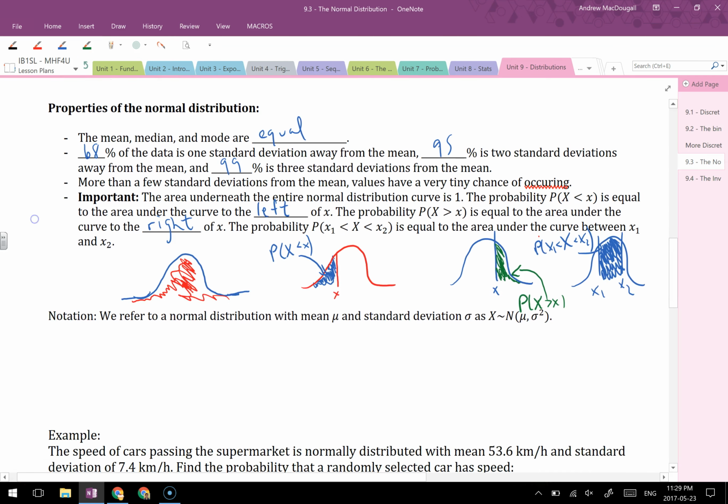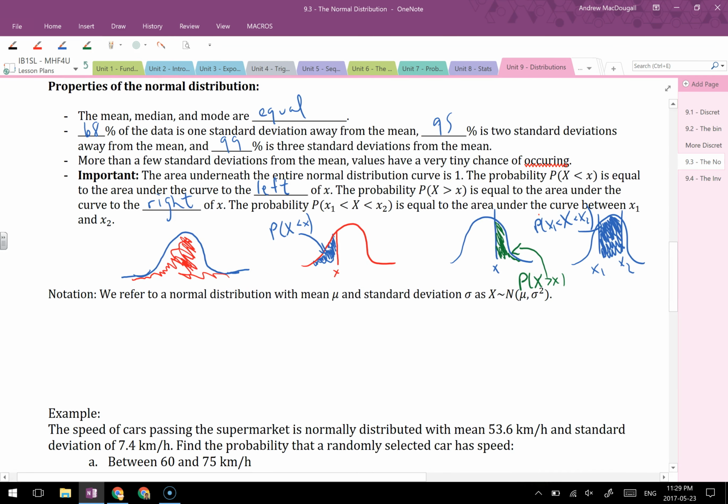Okay, so let's move on. In terms of notation, if you have a normal distribution with mean mu and standard deviation sigma, you write it this way. This is shorthand for a normal distribution with mean mu and standard deviation sigma. So you write sigma squared, and that's the variance.